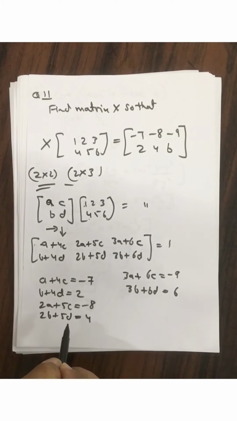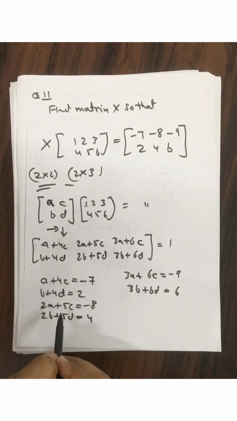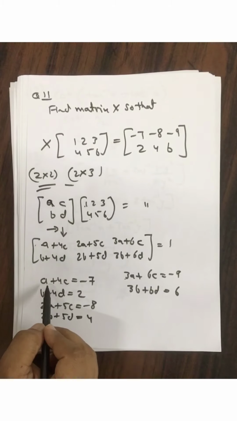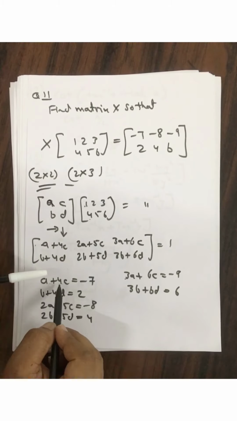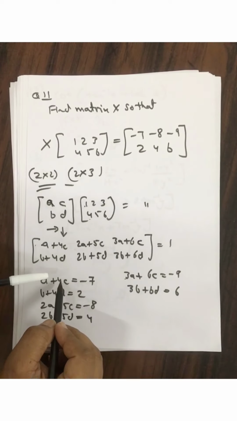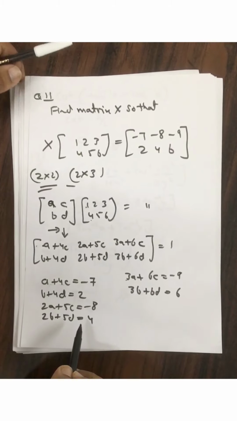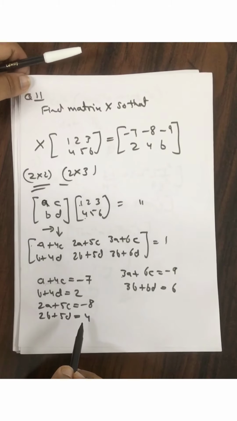Now let's solve. Which one to solve? This one A and C is there, and A and C is there. If you multiply by 2, so this will become 2A plus 8C, and 2 7s are 14. So 8 minus 5 is 3C. So minus 3C equals to 6. So C will be equal to minus 2. Correct?